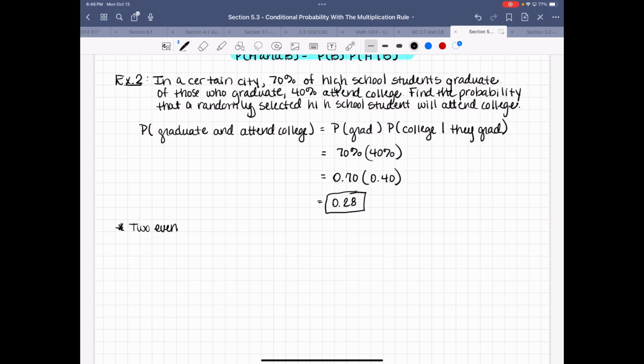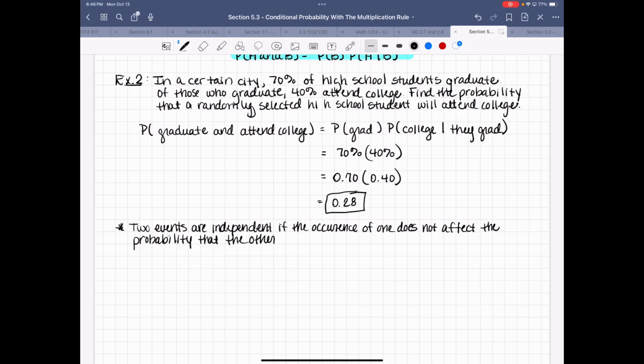Two events are independent if the occurrence of one does not affect the probability that the other event occurs.